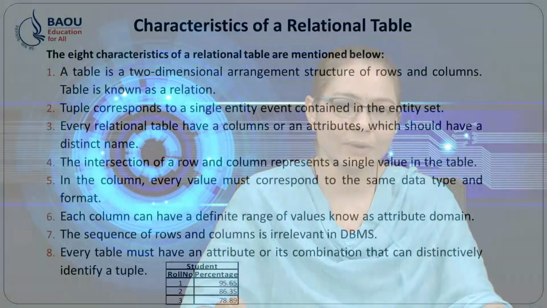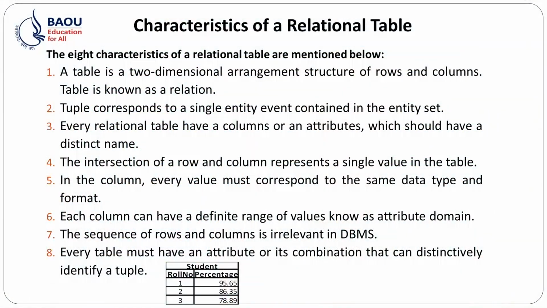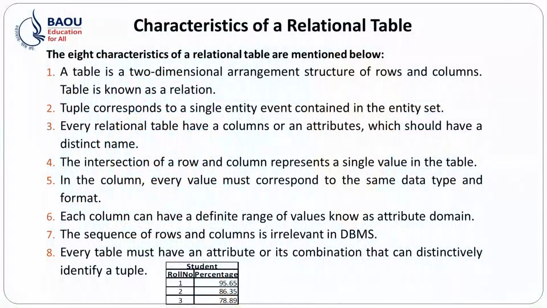Now the third point is every relational table has columns or attributes which should have a distinct name, meaning that every table must have a unique column name. In the figure, roll number and percentage are unique column names in the student table, which are not repeated in the same student table.